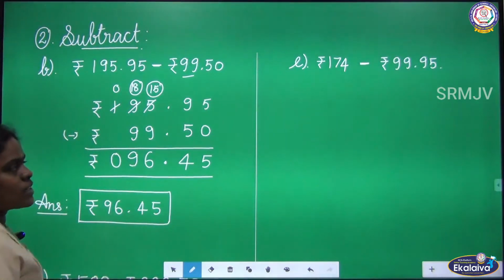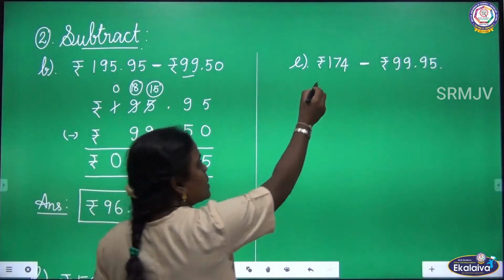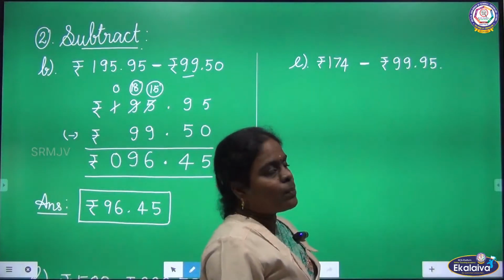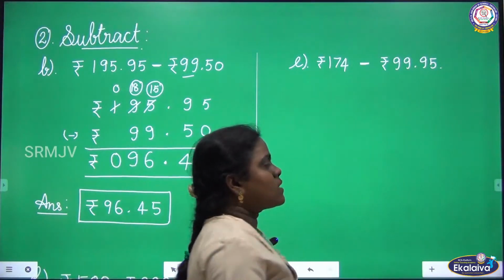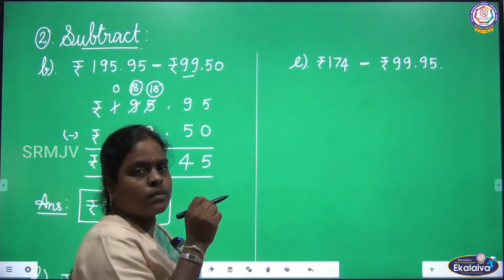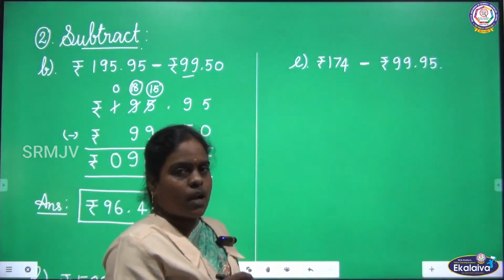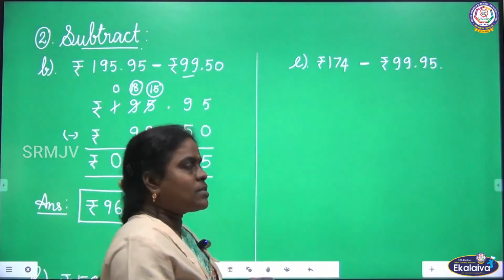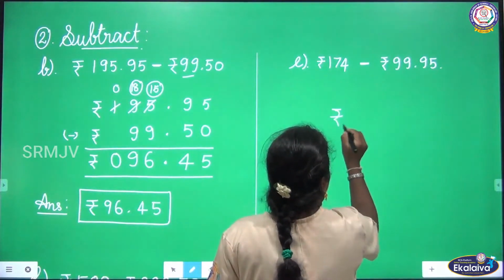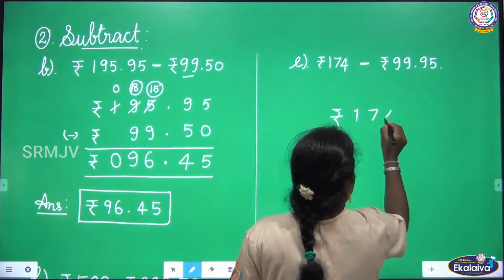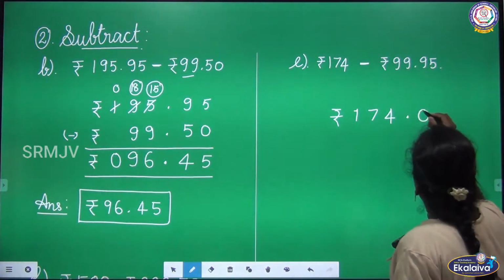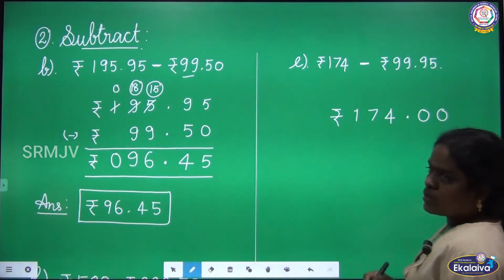Look at the next question. 174 rupees minus 99 rupees and 95 paise. Look at the first amount. There are no paise. So instead of that, we are going to write 2 zeros in the paise column. 174 is given, and in the paise column we are going to write 2 zeros.